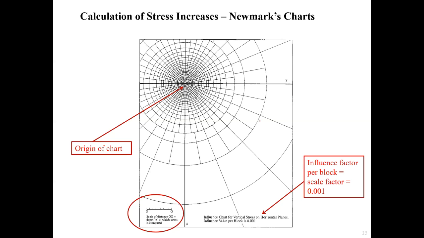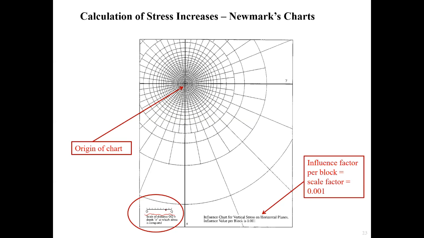The Newmark chart provides a graphical method for calculating the stress increase due to a uniformly loaded region of arbitrary shape resting on a deep homogeneous isotropic elastic region. The chart allows the stress increase to be established by drawing the loaded area to scale. This will be the scale ruler, and note the length is OQ.